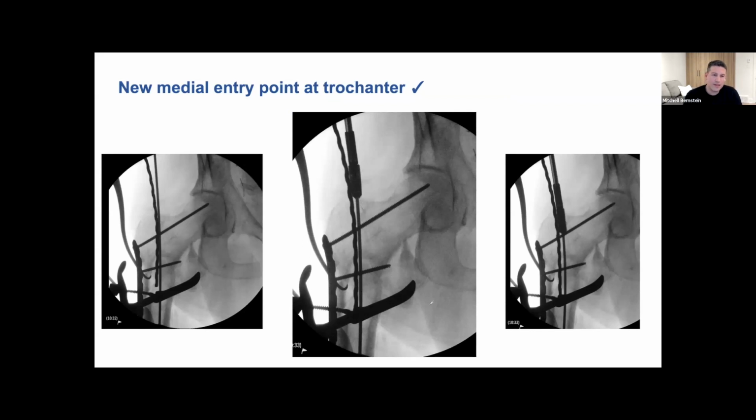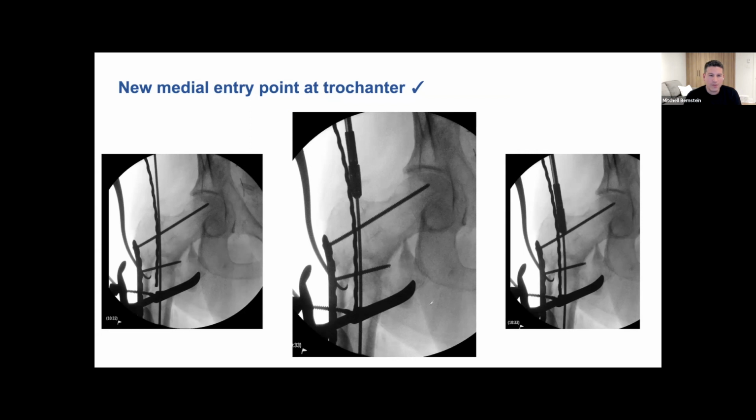This is one of the things they taught me how to do, so I want to reflect and mention my mentors. I thank my fellowship director, Dr. David Beret. This is a 3.5 reconstruction plate from the pelvis set. It's very long, so you can hold it outside the wound.